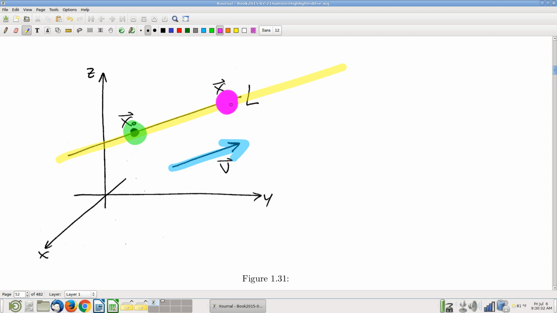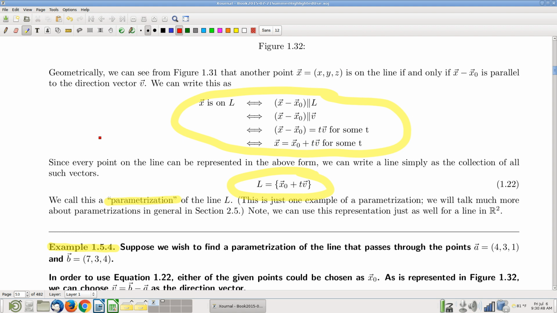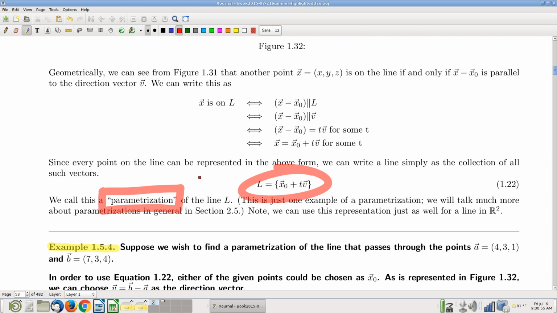These points will have the feature that, well, there are different ways to say it. On the one hand, you could say this difference is parallel to the line, which means that difference is parallel to the direction vector v, which means it's a scalar multiple of v. We ended up with what we call a parameterization of the line: the line is all vectors, or all points, of the form x0 plus tv.